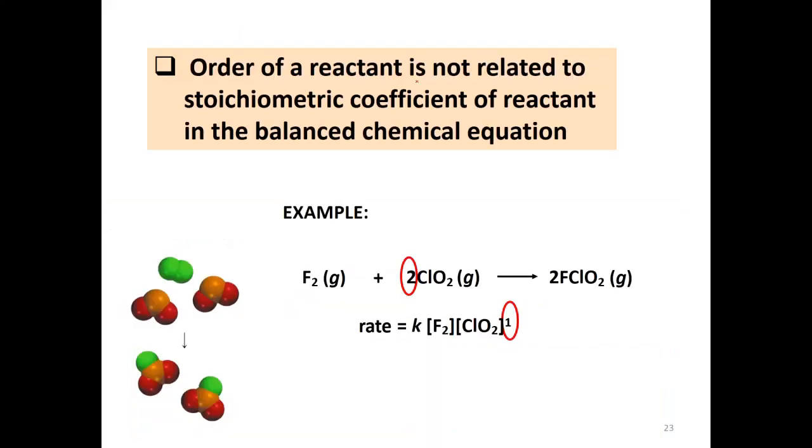The order of reaction is not related to the stoichiometric coefficients written in the balanced chemical equation. For example, the rate is k, concentration of F2 to the power of 1 multiplied by concentration of ClO2 to the power of 1. These exponents have no relation to each other.